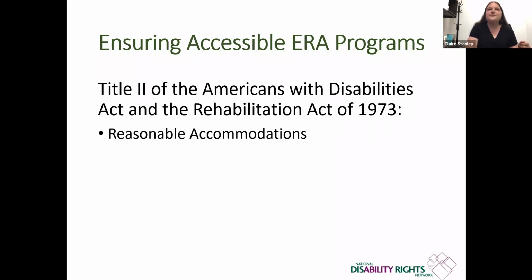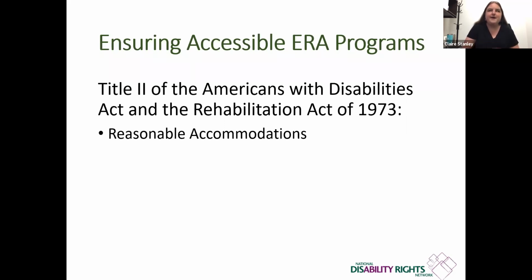If you've met one person with a disability, you've met one person with a disability. So don't just assume, oh, we once had a blind individual apply for emergency rental assistance, I know exactly what to do, or we'll do the same thing. The Americans with Disabilities Act and Rehab Act specifically say that it's on an individualized basis because people's disabilities are different and people are different.